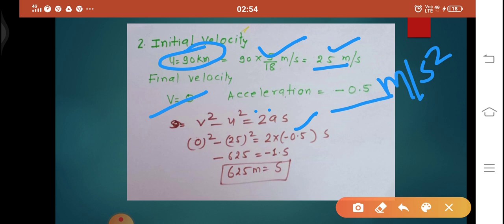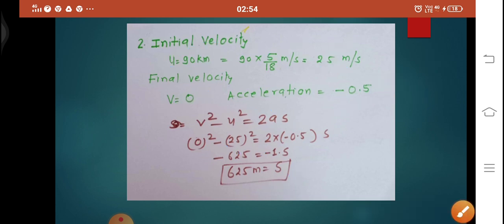So 0 minus 25 square becomes minus 625, equal to 2 into minus 0.5, that is minus 1, into s. Now this minus will cut, so s equal to 625 meter.